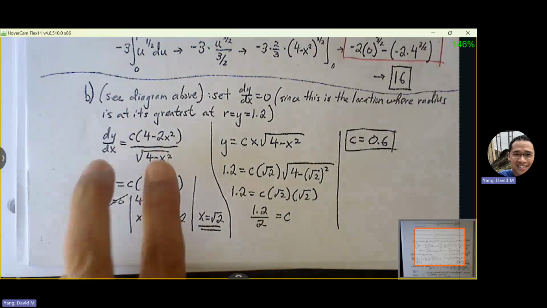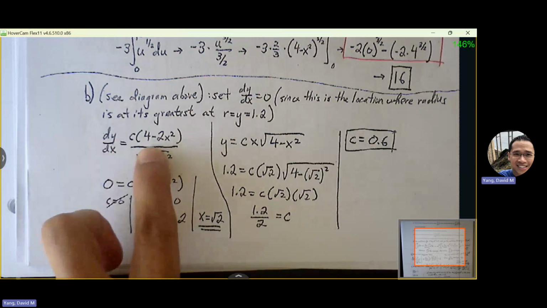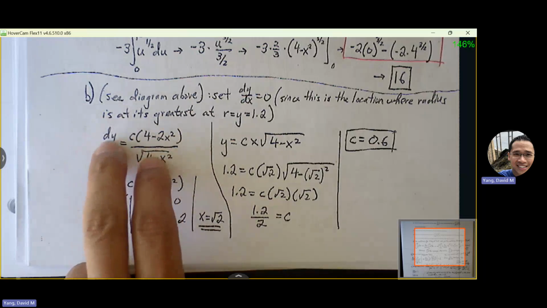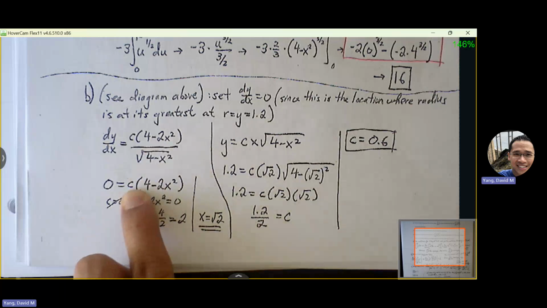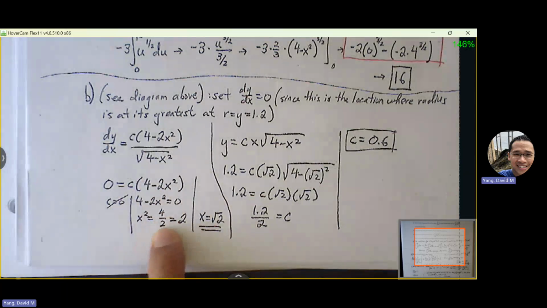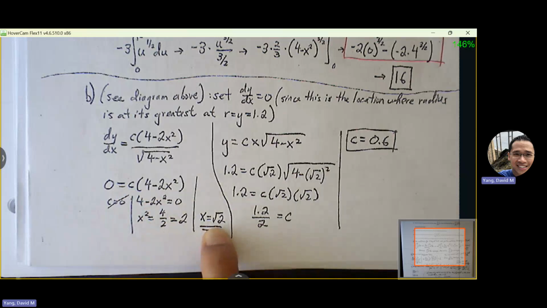So we're going to put things together and try to solve for c. First, I know that my slope is 0, which means I'm just going to set the numerator of my derivative equal to 0. I mean, I can cross multiply, but essentially my denominator doesn't play a role. I'm just going to set my numerator equal to 0, and I get x. I'm not able to solve for c, but I'm able to solve for x. I get x is equal to positive root 2. And I know it's positive root 2 because the graph is not in the negative regions.